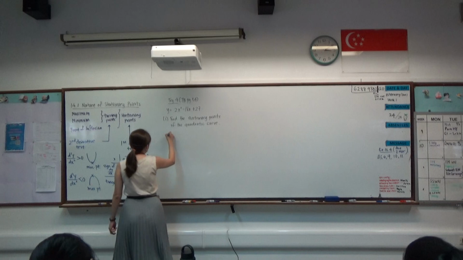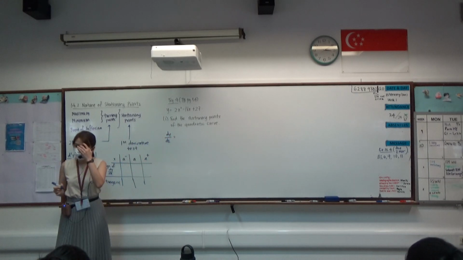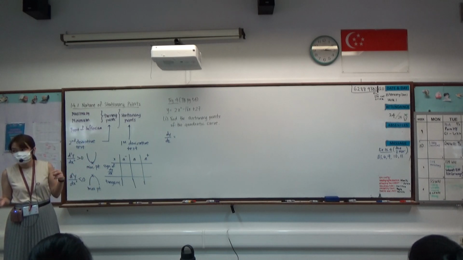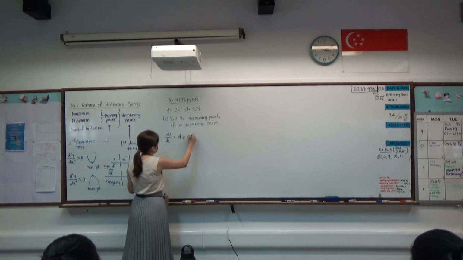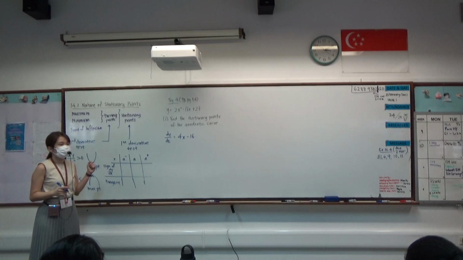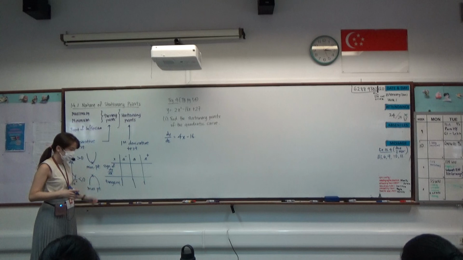Okay, we do the dy/dx, and in this case dy/dx is equal to 4x minus 16, great. After we find dy/dx, what do we got to do? We want to find stationary points.